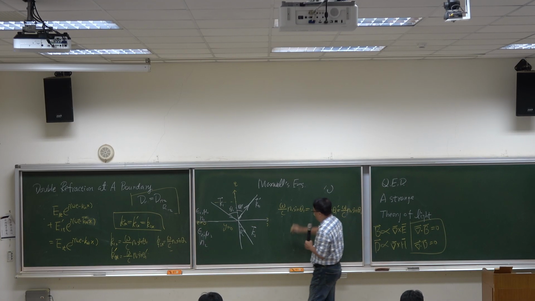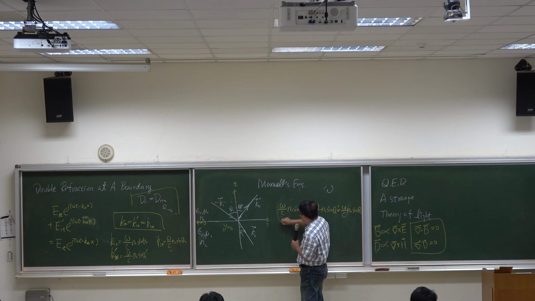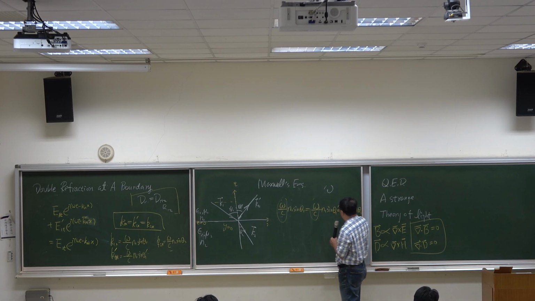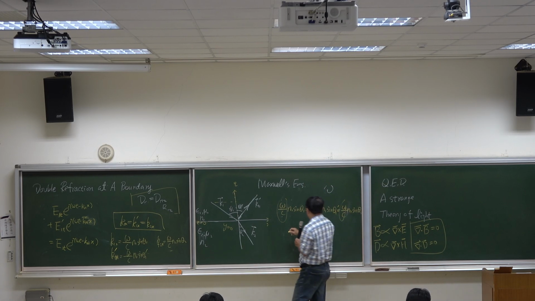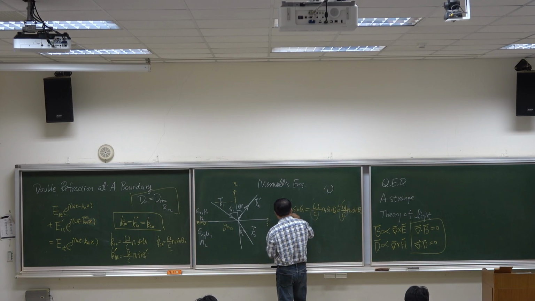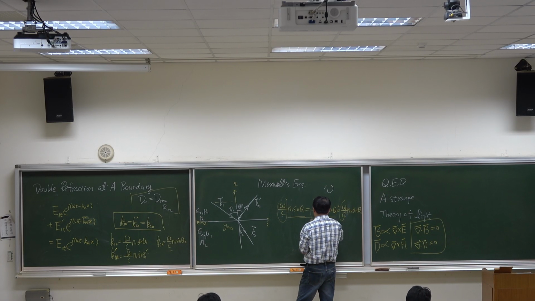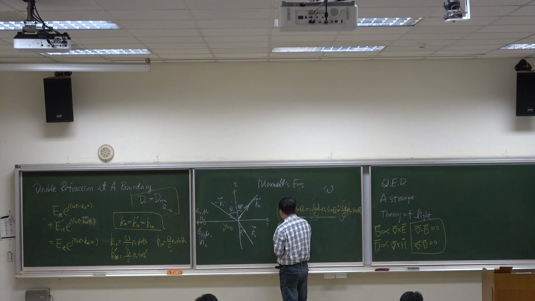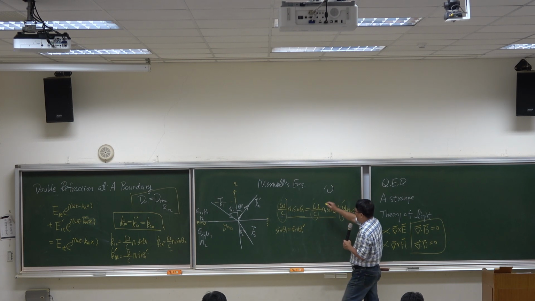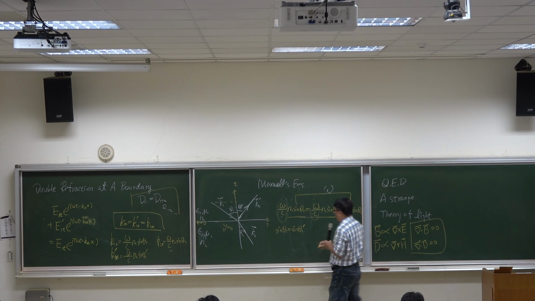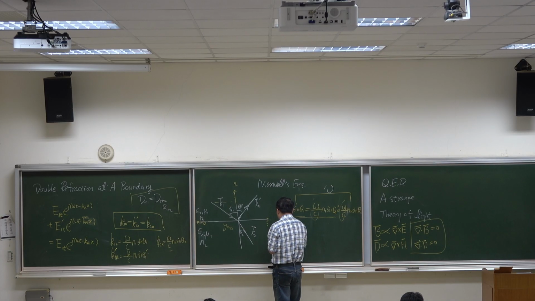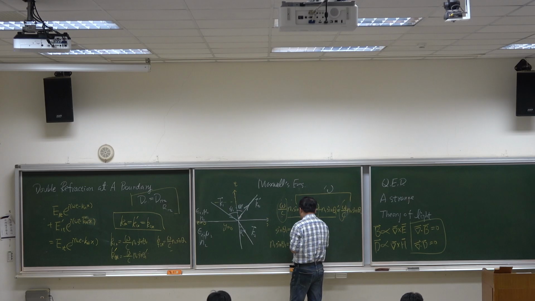Since they have the same omega over c, this equality gives us sine theta 1 equal to sine theta 1 prime. And this equality gives us n1 sine theta 1 equal to n2 sine theta 2.